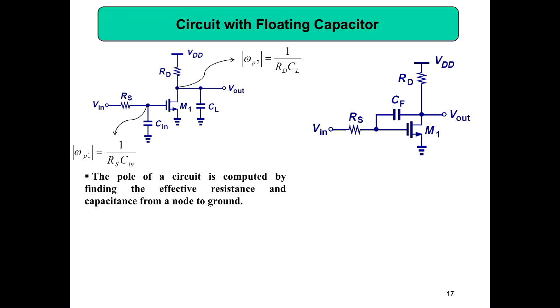But then, how about this circuit? If you have a capacitor like this, how can you write down the poles and zeros? Yeah, 1 by Rs into Cf for the input pole. Then the output pole, what is 1 by Rd into Cf? You get both the same. So there is a problem.